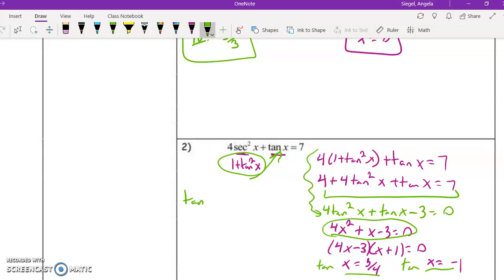So I'm just going to rewrite that over here. And I'm going to go ahead and multiply both sides by tangent inverse.